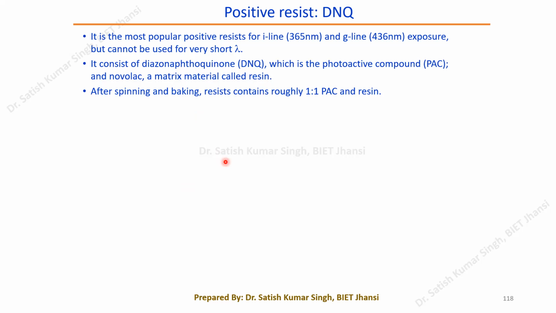Now, once we apply these materials, we also have to add a particular solvent so that it becomes liquid. After spin coating, we have to go for pre-baking, the pre-exposure bake.